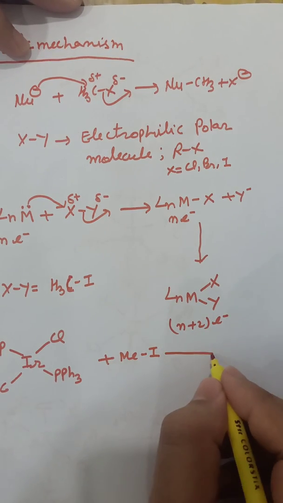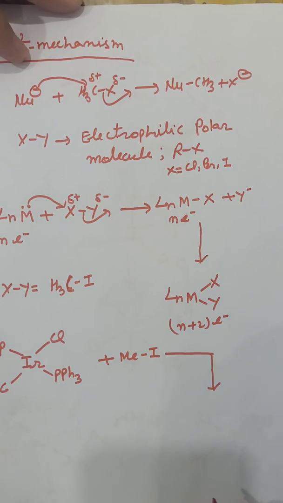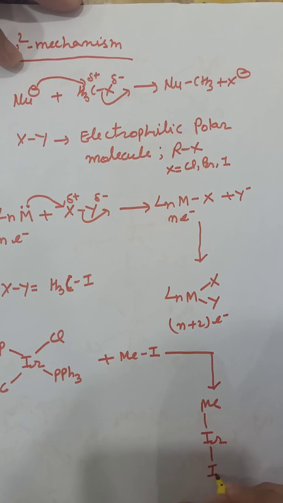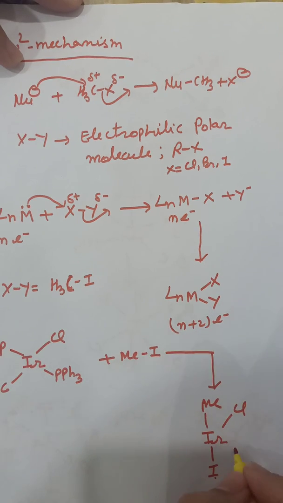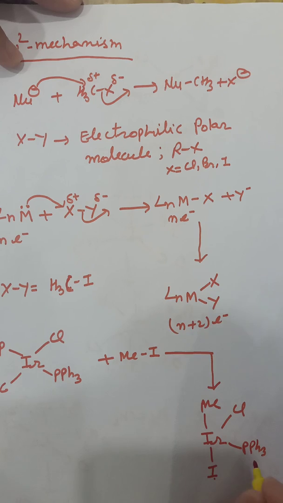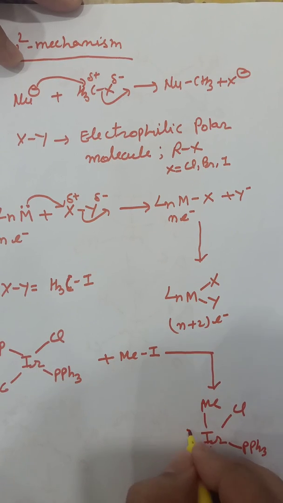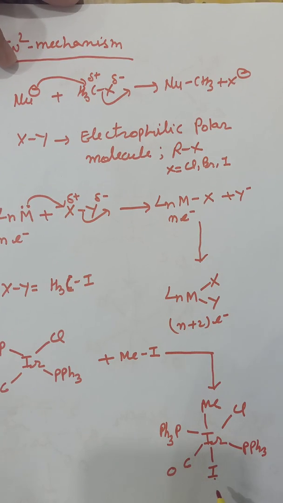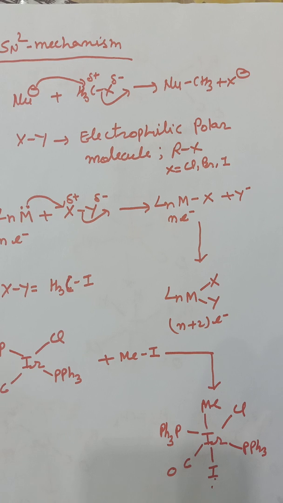When it is treated, it will form this complex: iridium with methyl and iodine added trans to each other, with Cl, PPh3, CO, and PPh3. If you see in this complex, the methyl and the iodine are trans to each other, whereas in the concerted mechanism, both atoms of the ligand were cis to each other.